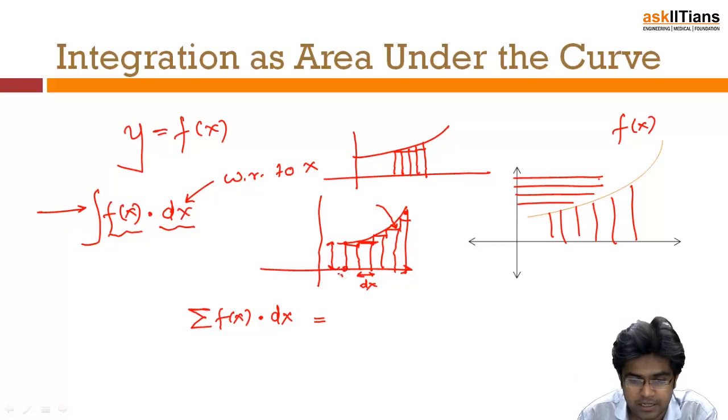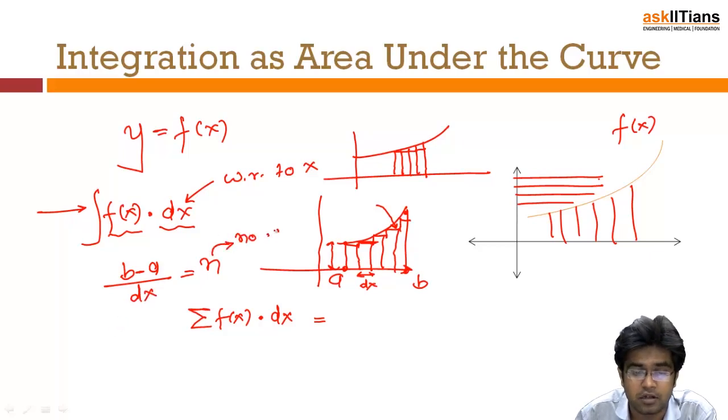For example, let's say this part is A and this part is B. I divide the length from A to B into n parts, and the width of each part is dx. So this is the number of parts or rectangles. If I say that dx is tending towards 0, that means n is tending towards infinity.